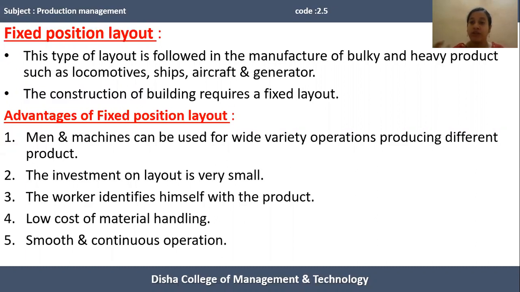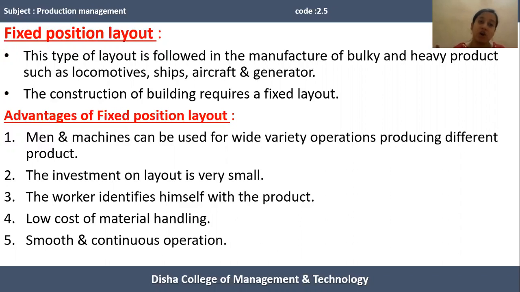When a manufacturer constructs a building in a particular area, the product is fixed to that area. The man, machine, and other resources have to move to a particular site for constructing a building, and after constructing the building, they come back to their original place only.